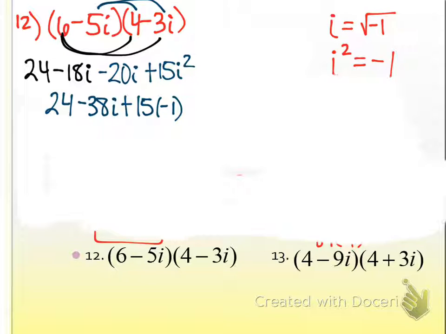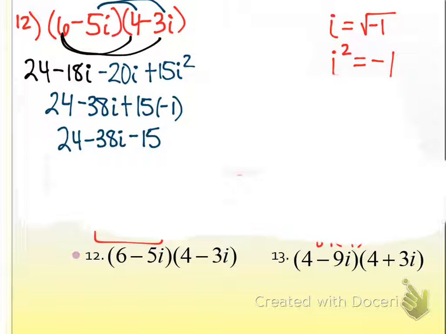What can happen with that i squared on the end? We change it to a negative 1. When we multiply 15 by negative 1, what do we get? So it was adding 15, so now it becomes negative 15. If you want to put plus a negative 15, you can. It's just simpler to put negative 15. Do we have questions so far?